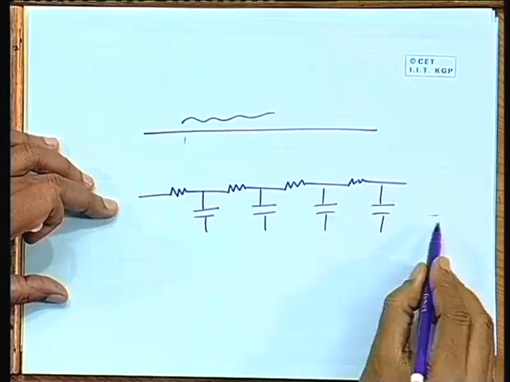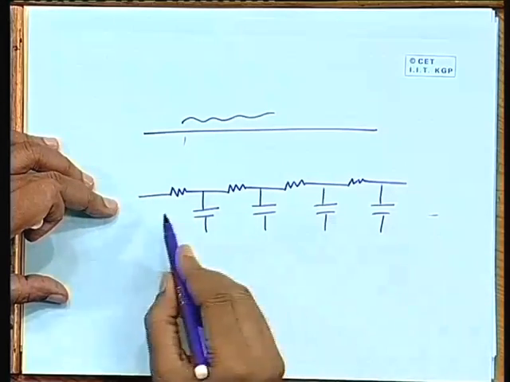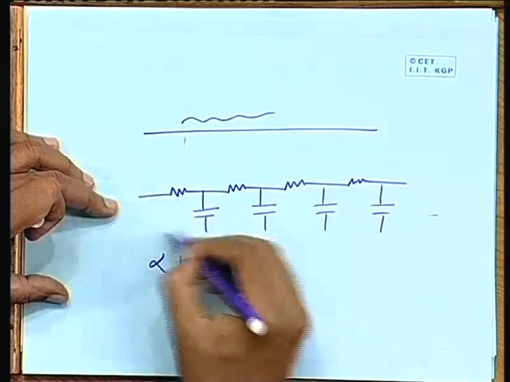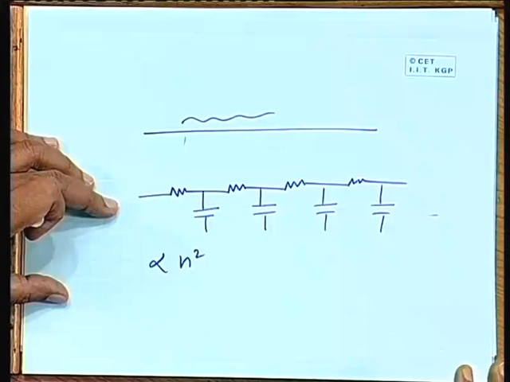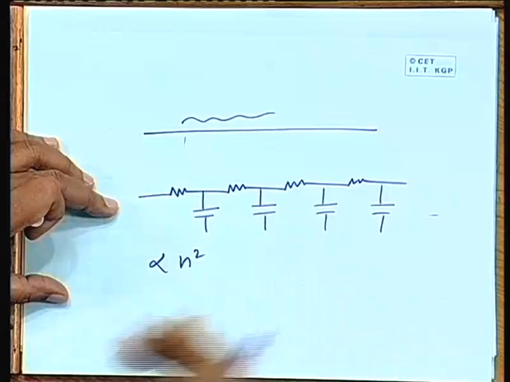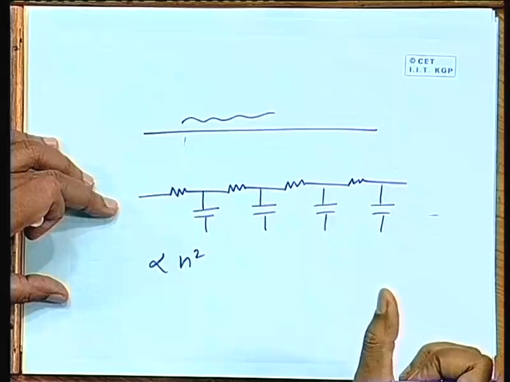It can be proved by analyzing this that the approximate delay through this is proportional to the square of the number of such RC stages. Now if you insert a buffer in between, this n square will become n by 2 whole square for each of them. So the total delay of the circuit will become less. Two parts will become independent, plus the constant delay of that buffer, which will be less than this n square delay.